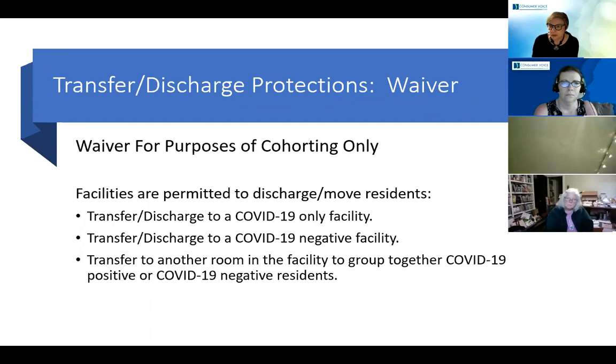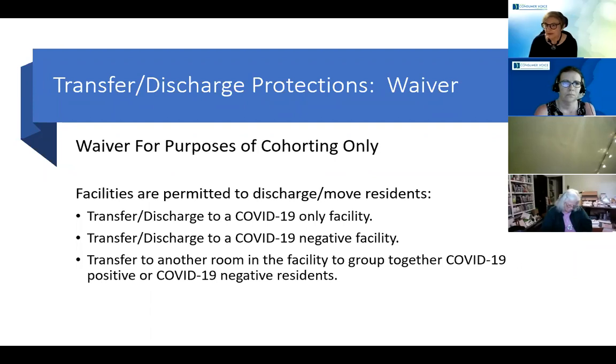So nursing homes are allowed to transfer or discharge a resident or change a resident's room within the facility for one other reason, and that's for the purposes of cohorting. So that's a term by now you've probably heard, but that's the practice of grouping residents together so that those with COVID are separated from those without COVID.